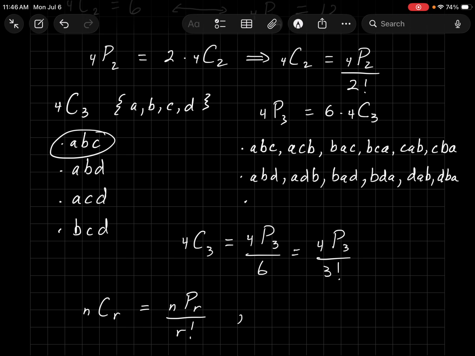So the formula that you'll often see given for combinations is the following. Instead of in terms of the permutation, we say it's n factorial over n minus r factorial. There's your permutation. And then divided by an extra r factorial.